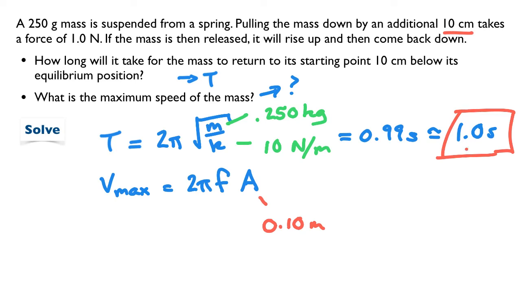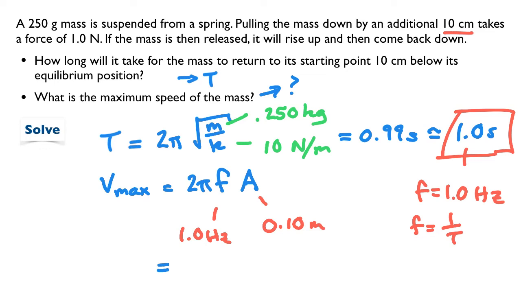If the period is 1 second, the frequency is equal to 1.0 hertz, because frequency is equal to 1 over period. That's something we learned back when we were talking about circular motion. So the frequency is 1.0 hertz, the amplitude is 0.10 meters, and if we work out the maximum speed, we get 0.63 meters per second.